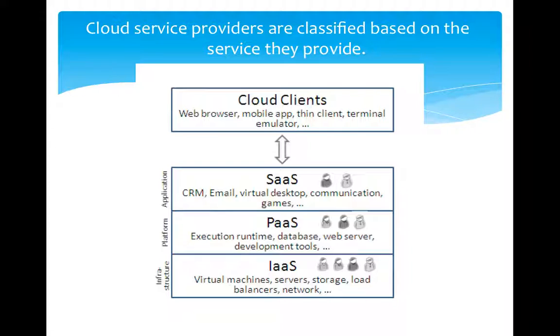Like in Amazon, they provide you an EC2 instance, which is a virtual image of an operating system, whether it is Linux or Windows, and you get those in one click only. They also handle data centers for you. They handle load balancers. You can provision load balancers there. So this is how cloud service providers are classified.